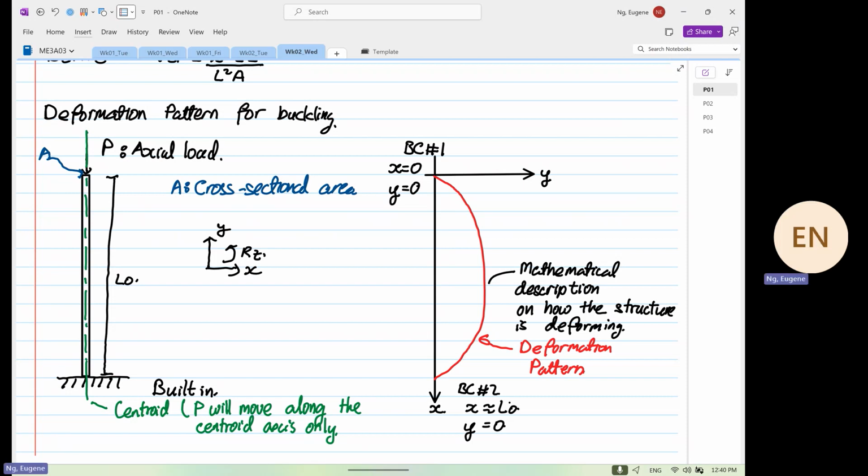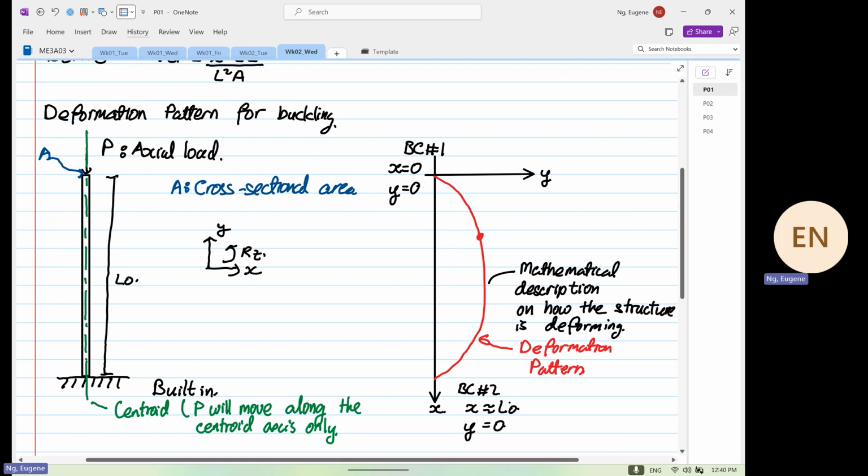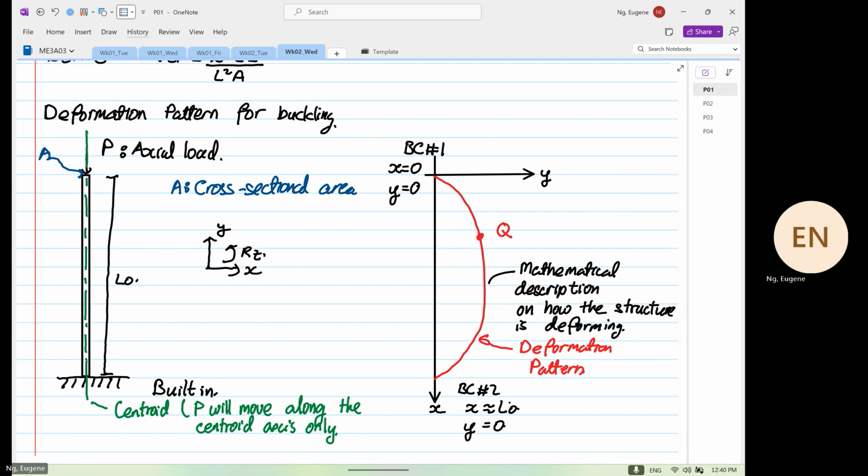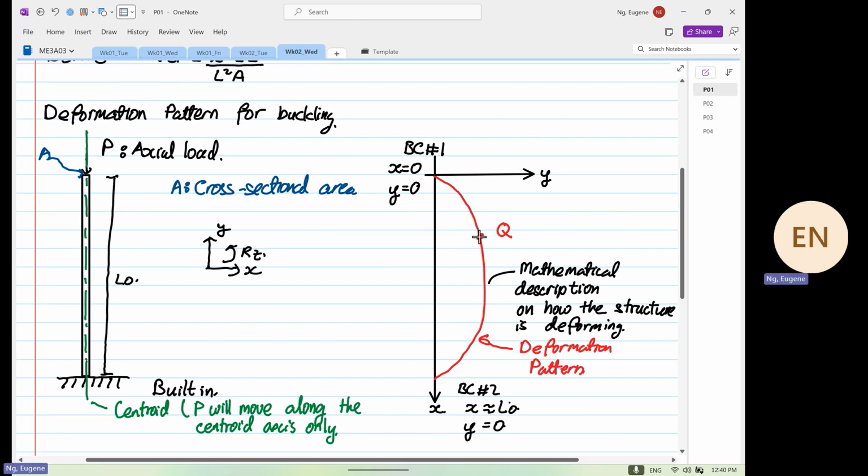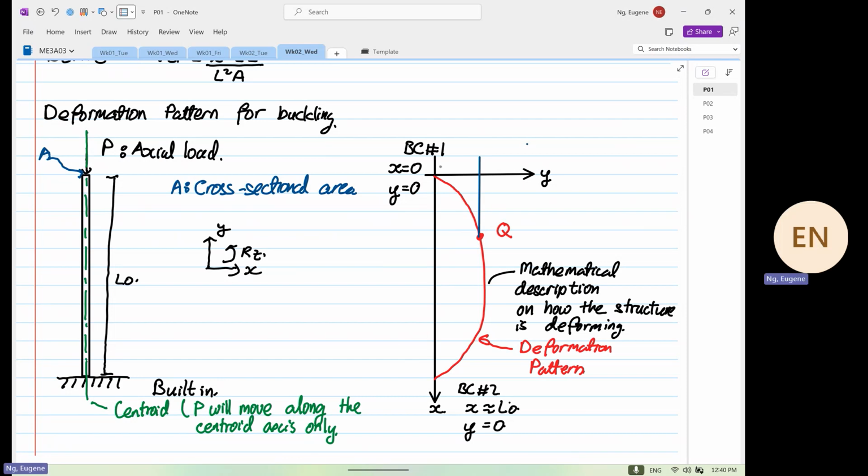So we are going to pick an arbitrary point down here, and this point we're going to pick is known as what? Q. Okay. At this point, we are aware that we have a distance from here to here. We have a specific distance over here, so this is our y.